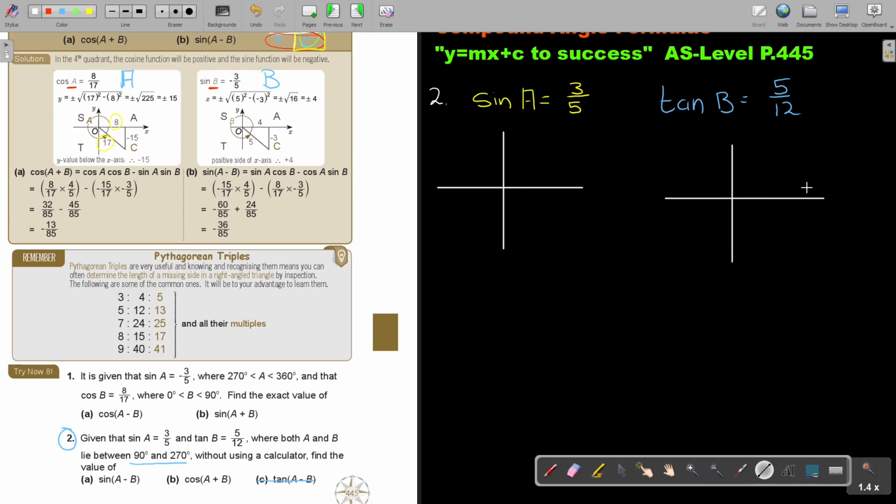Now remember, it's between 90 and 270, meaning that I will block this out. Okay, so where is sin positive? Now, never forget your CAST diagram. So this is my CAST.